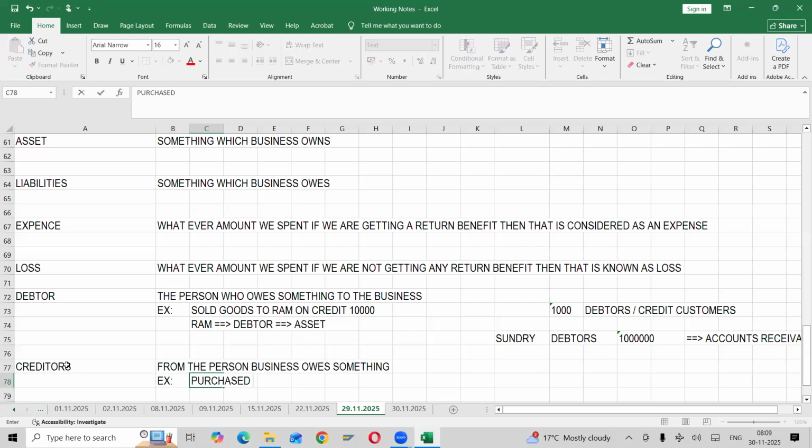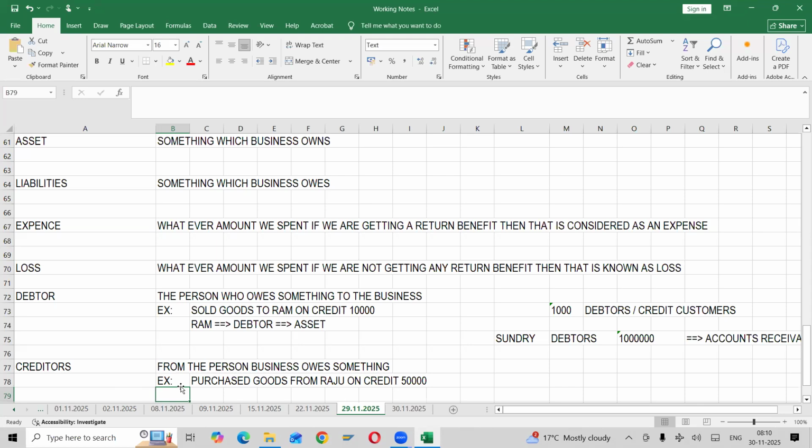We purchased goods from Raju on credit, 50,000. What we are doing is purchasing goods on credit. Credit is nothing but we are not paying immediately, we are going to pay in the future.